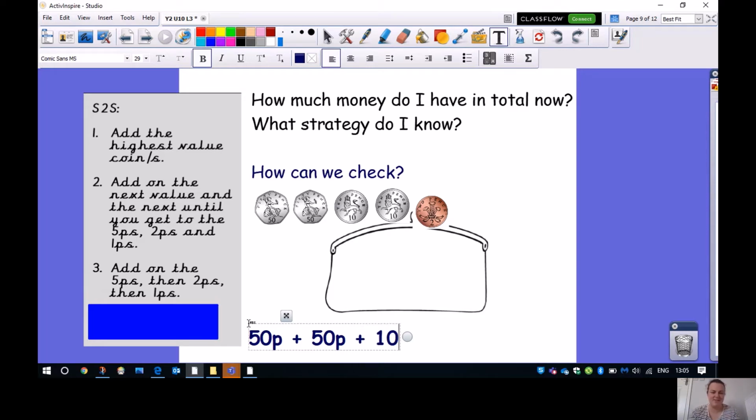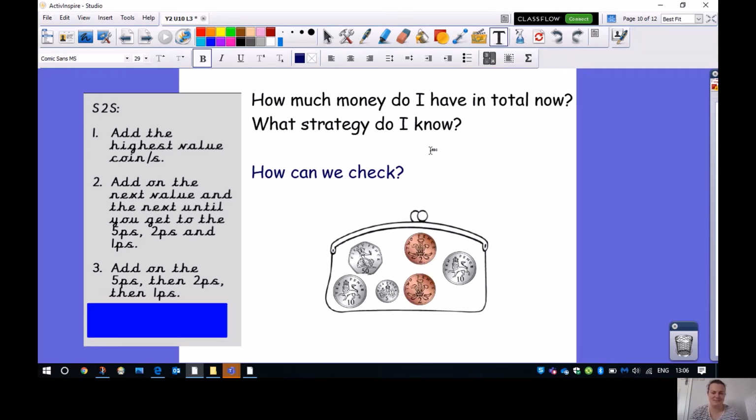So let's now add on 10 pence to a pound, and £1 add 10 pence is £1 and 10 pence. £1 and 10 pence add 10 pence is £1.20, and £1.20 add 2 pence is £1.22. And we're going to use the pound symbol here because we're writing it in pounds. So £1 and 22 pence.